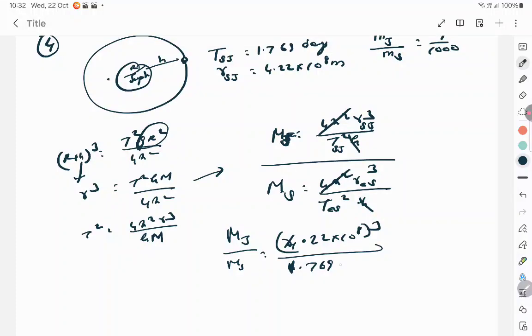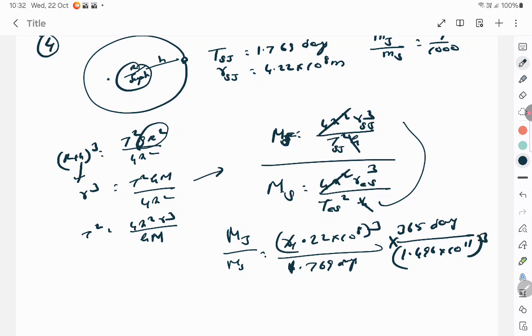That's the time period, and this goes up into the time period of the Earth, which is 365 days. Let's keep it as days because this is also days and this is also days. Divided by R cube, where R of the Earth's orbit around the Sun is 1 astronomical unit, which is 1.496 into 10 to the power 11 the whole cube.